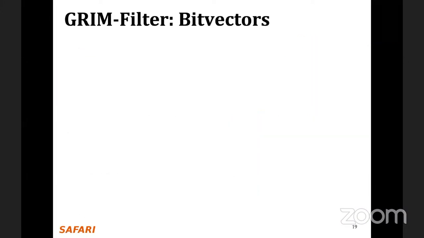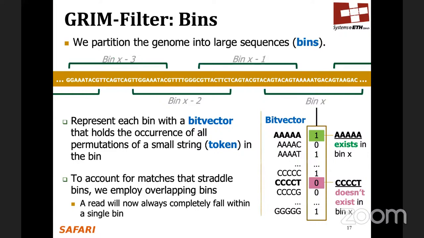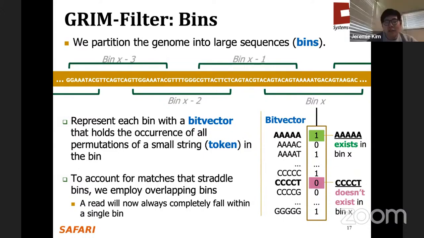Jeremy? Yes. How do we decide on the size of the bin itself and the token? Yeah, so obviously there's more information if you have less populated bit vectors, and so you can extract more information.